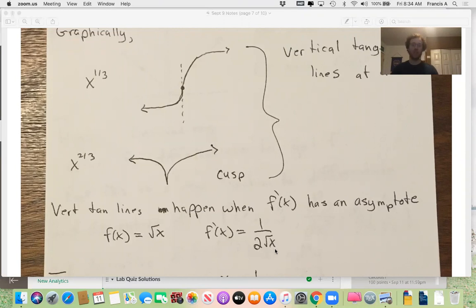So that's one thing that can happen. These vertical tangent lines correspond to the derivative functions having vertical asymptotes. And so we can graphically tell, but also if we just have a formula, that's what you would look for to tell where this thing is not differentiable.